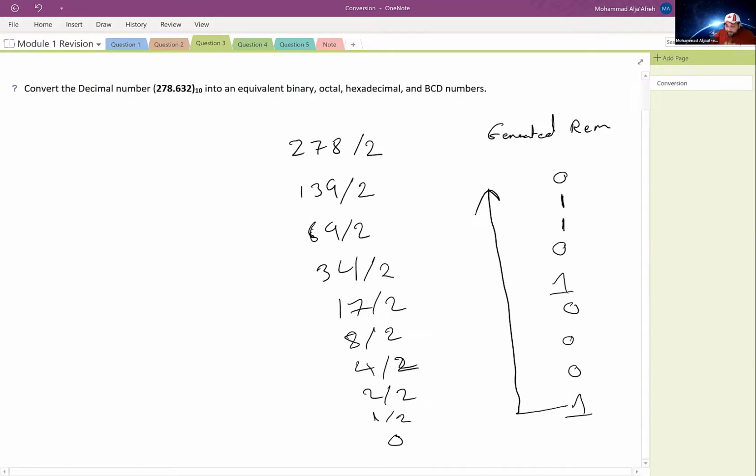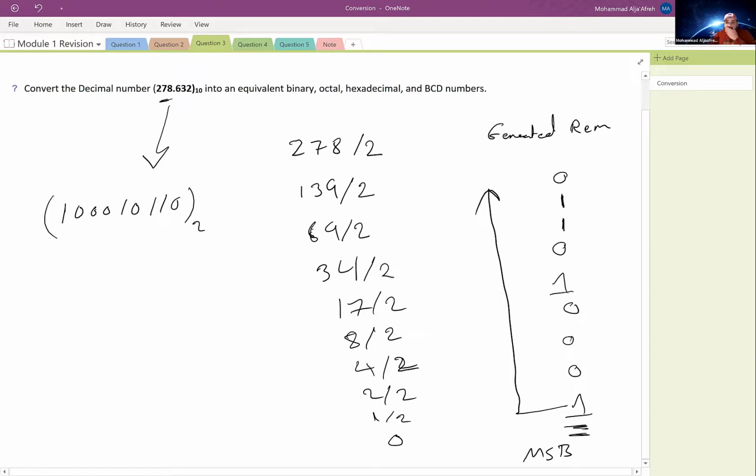This is my most significant bit, the leftmost bit, so you can say either most significant bit, MSB, or leftmost bit. So the integer part will be rewritten as 1000101110. So the integer part of this decimal notation can be written like this in binary.